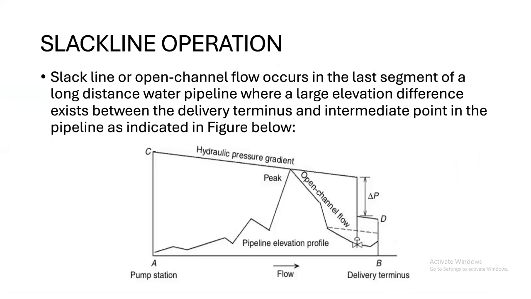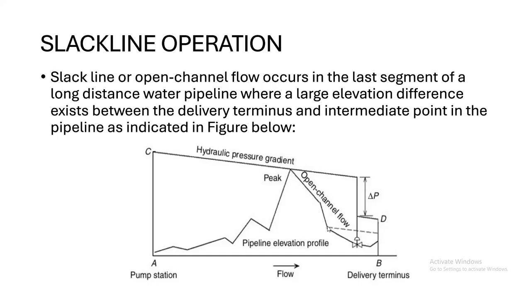Slack line operation. Slack line or open channel flow occurs in the last segment of a long distance water pipeline where a large elevation difference exists between the delivery terminus and an intermediate point in the pipeline, as indicated in the figure below. As I said, you see this is the highest point.